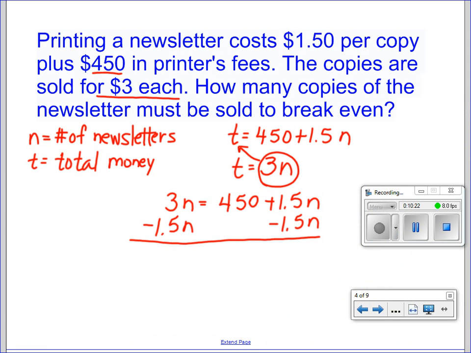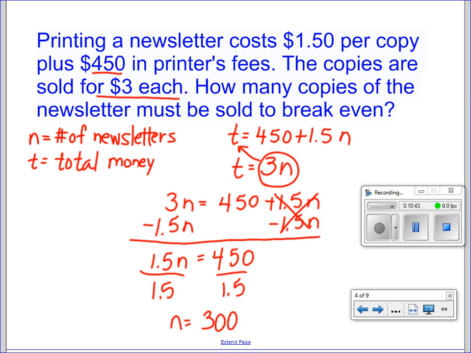It cancels out on the right. 3n minus 1 5/10 n is 1 5/10 n, which is equal to 450. Divide both sides now by 1 5/10, and we get n is equal to 300 newsletters. So in order to pay all of our expenses, we need to sell 300 newsletters. Anything we sell over that will then give us income.